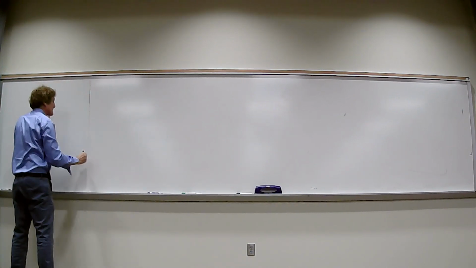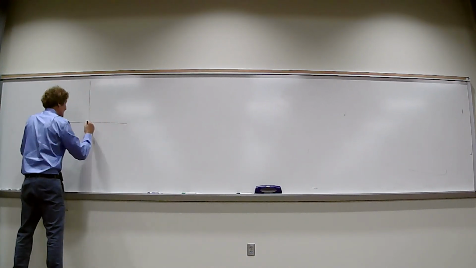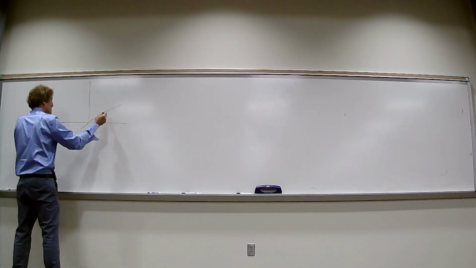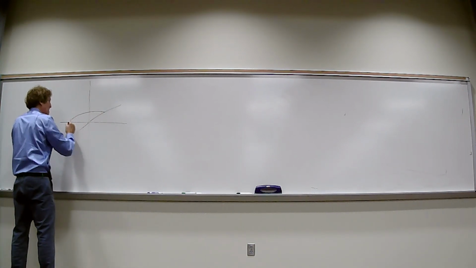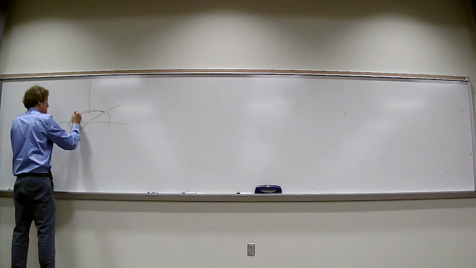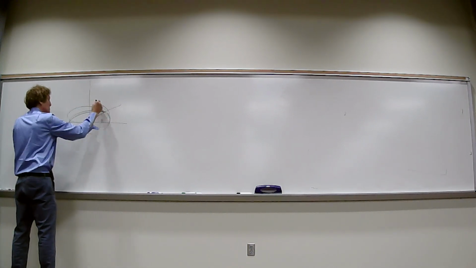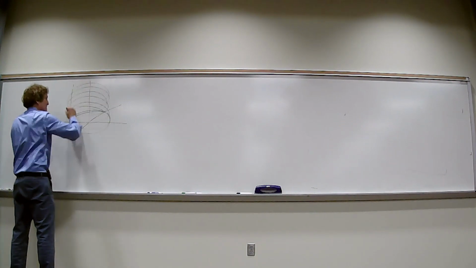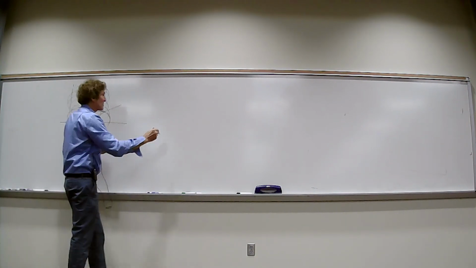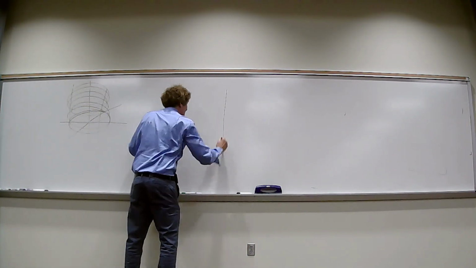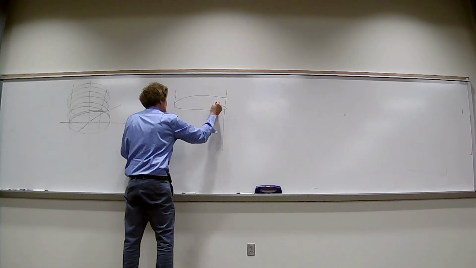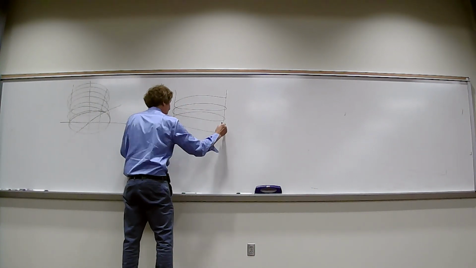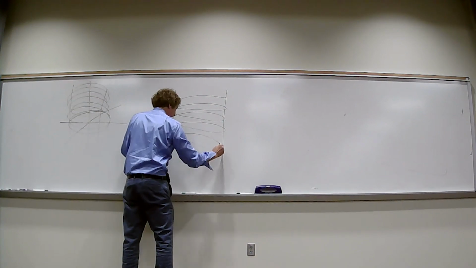So here's the next thing. We're going to assume we have a solenoid. Now, a solenoid is just like a hollow tube, a long tube with a whole bunch of turns of wire around it.